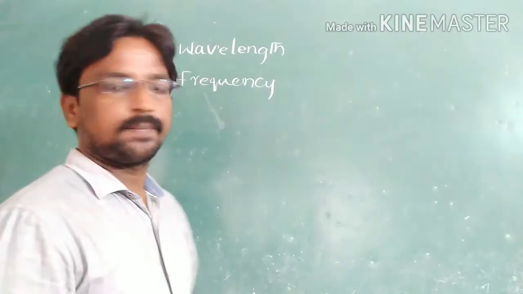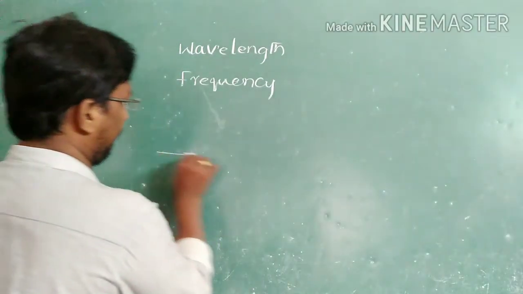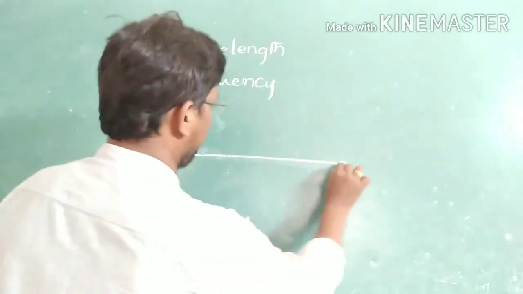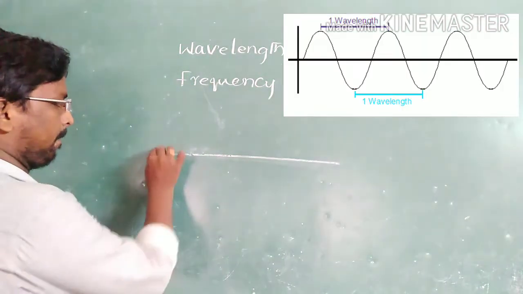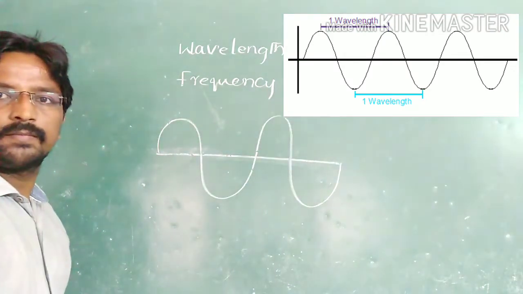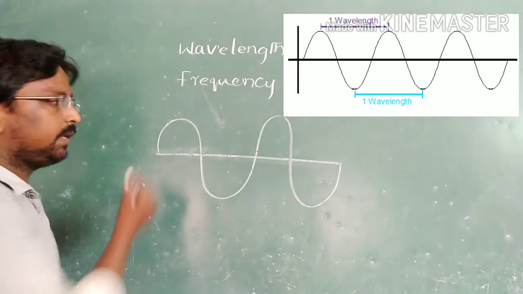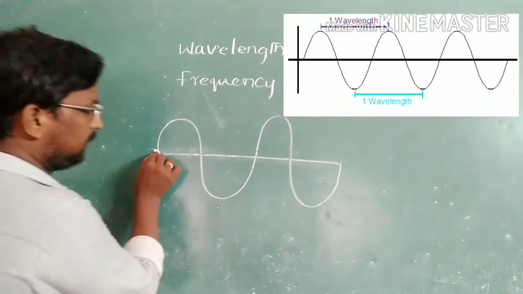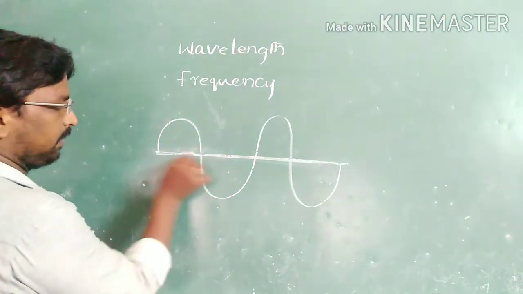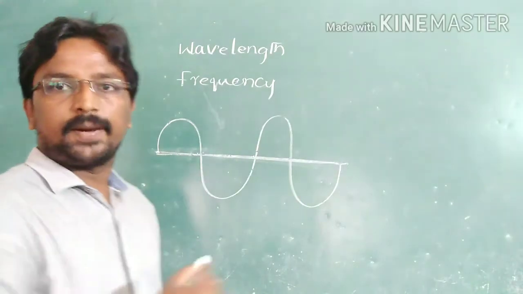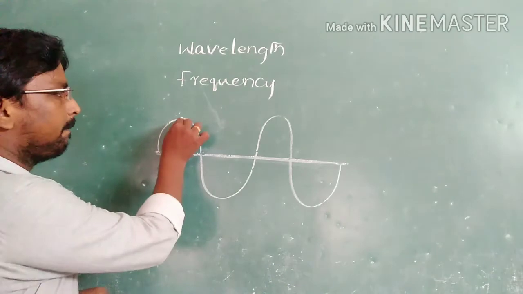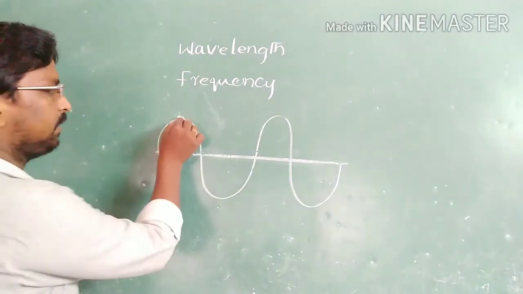What is wavelength? Suppose you consider this as a wave. In this wave, this is called the mean position. The particles are displaced from the mean position to the maximum.